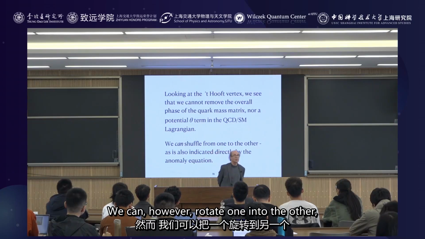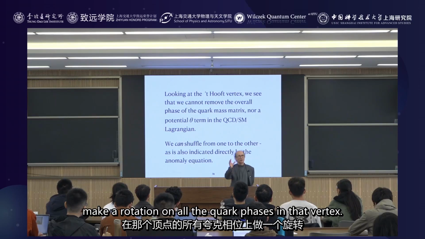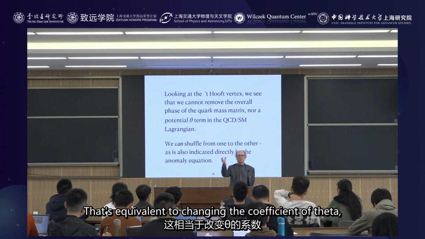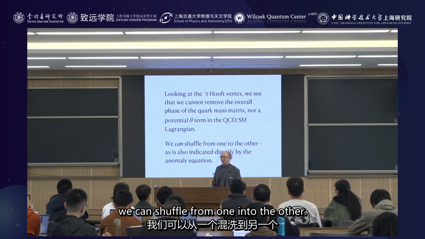We can, however, rotate one into the other. If we make a rotation on all the quark phases in that vertex, that's equivalent to changing the value of theta. So we can shuffle from one into the other.